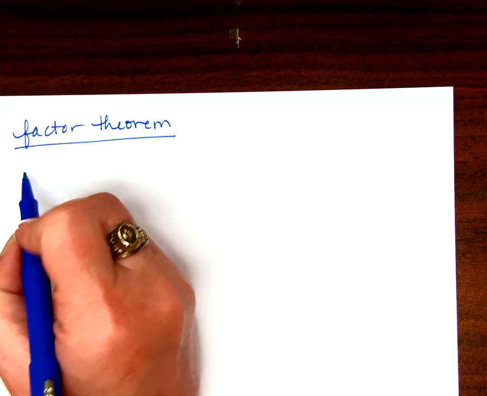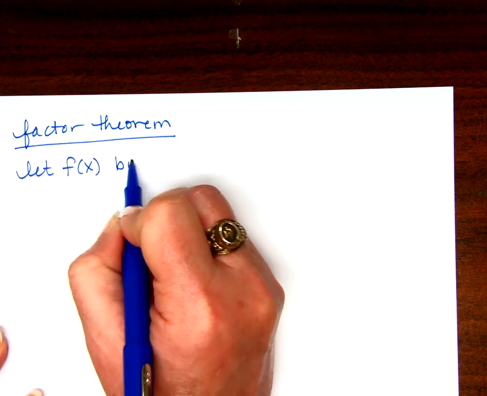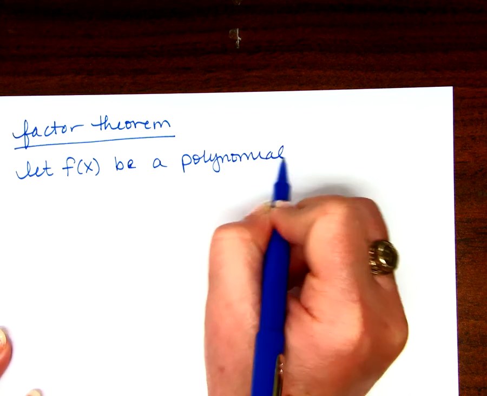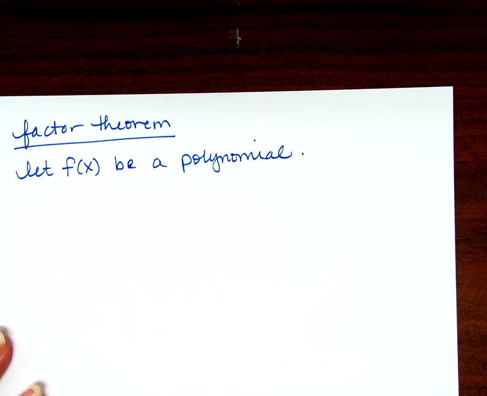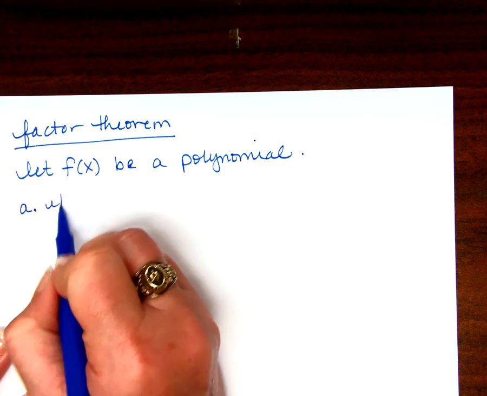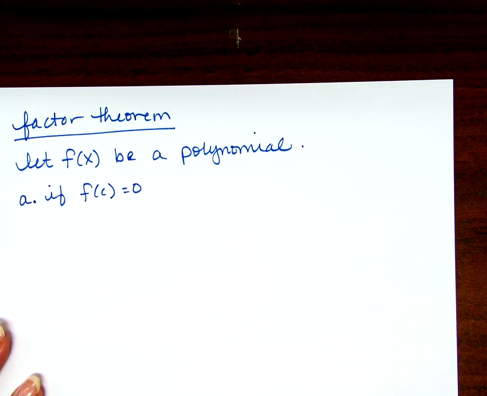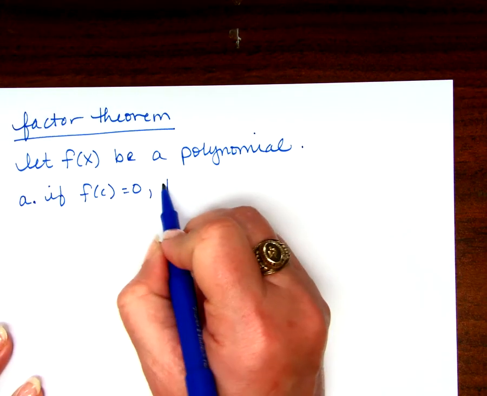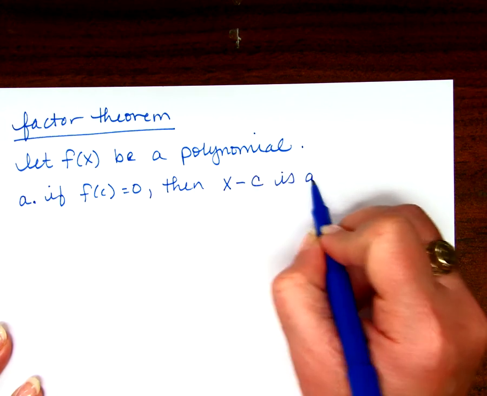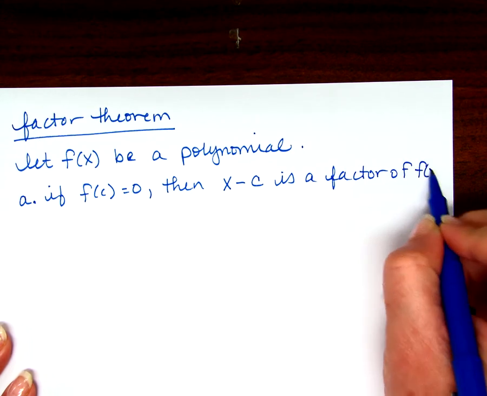Factor theorem says, first of all, let f of x be a polynomial. There's two parts of it. Part A says if f of c is 0, kind of like we just talked about, then x minus c is a factor of f of x.